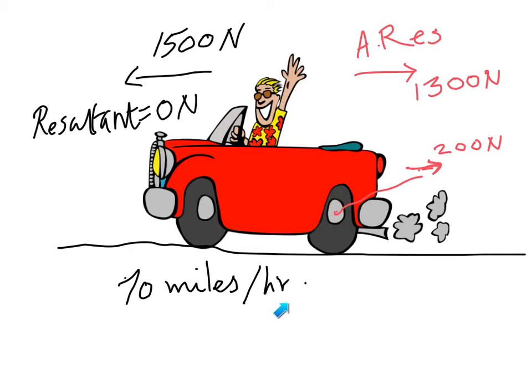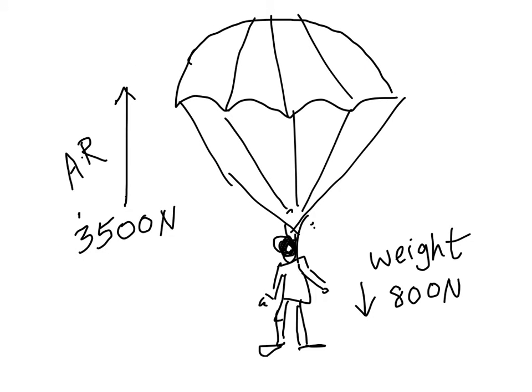So the car will continue to move at 70 miles per hour. That is the effect of having a resultant force of 0 on an object which is already having a uniform speed of anything. In this case, it's 70 miles per hour.